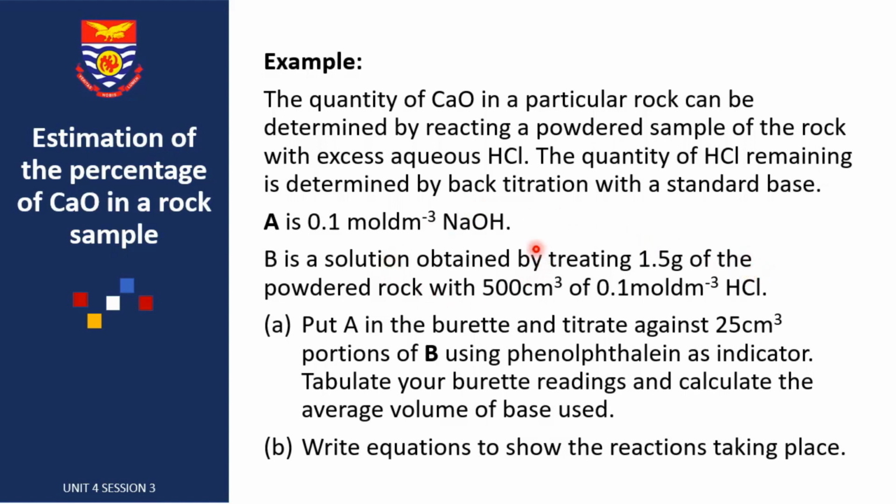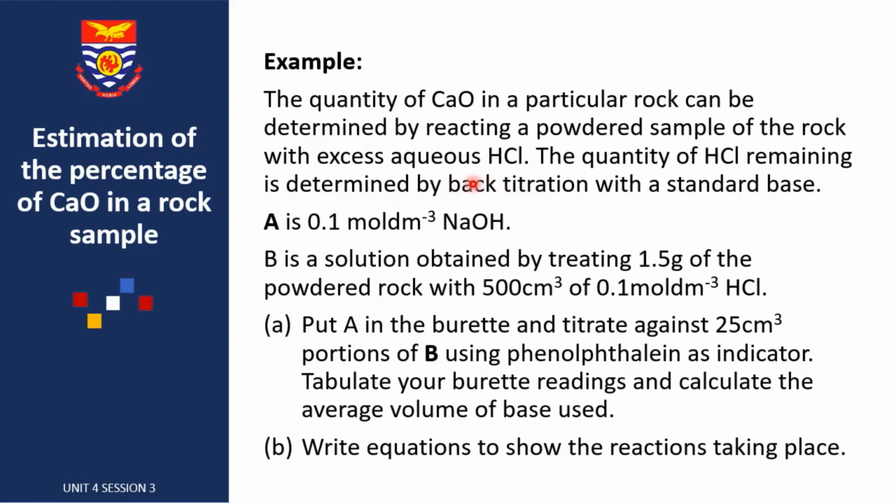But because the first reaction is between the calcium oxide and this HCl, some of this HCl will first of all be consumed by the calcium oxide in the rock. Then the excess, or what will be left, would now be available to react with this sodium hydroxide in the titration process.